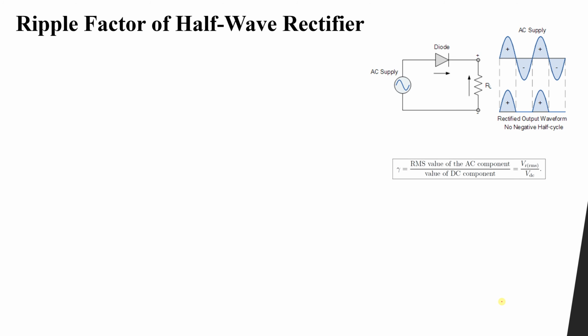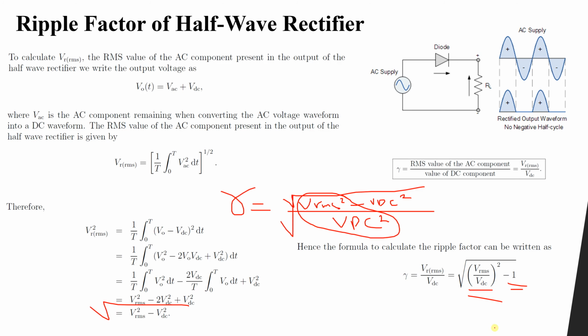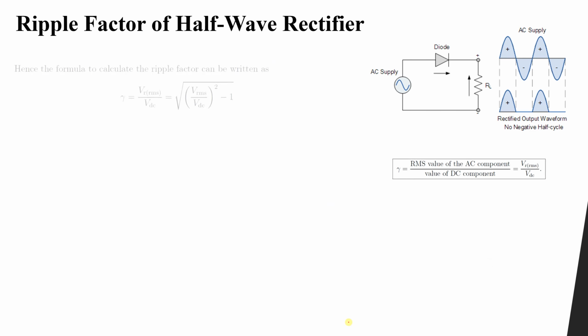This is a general rule that will be applied to any rectifier circuit. Now, if we apply this rule to the half-wave rectifier, we have VRMS equal to Vmax over 2 and VDC equal to Vmax over pi.